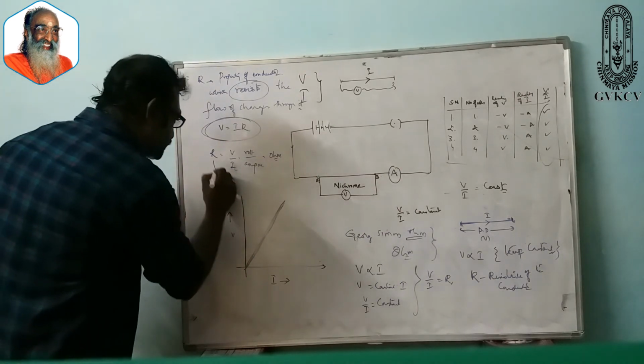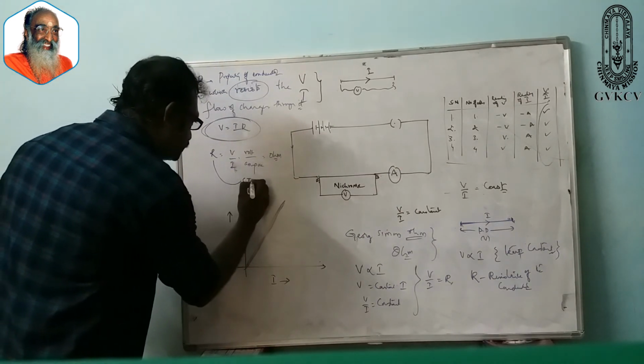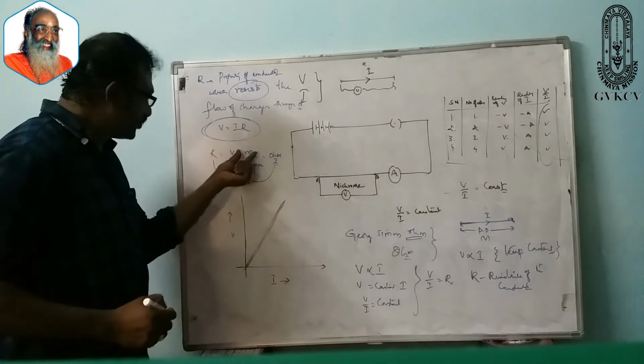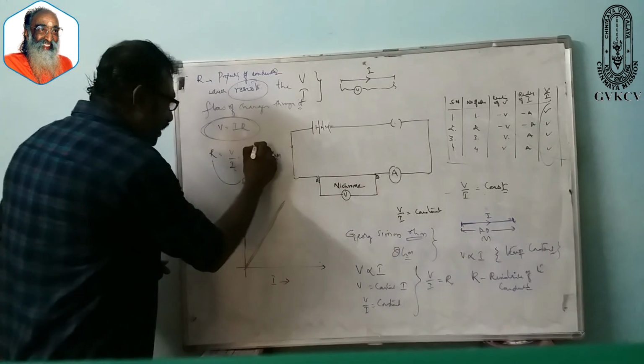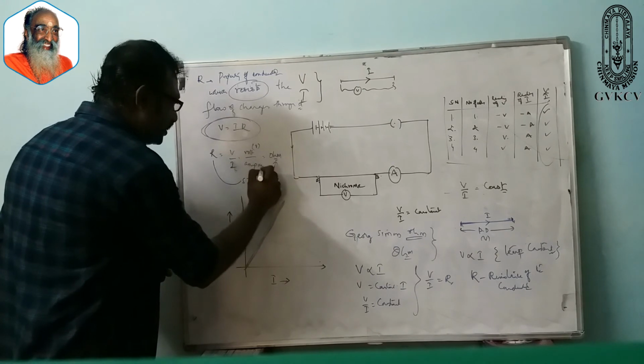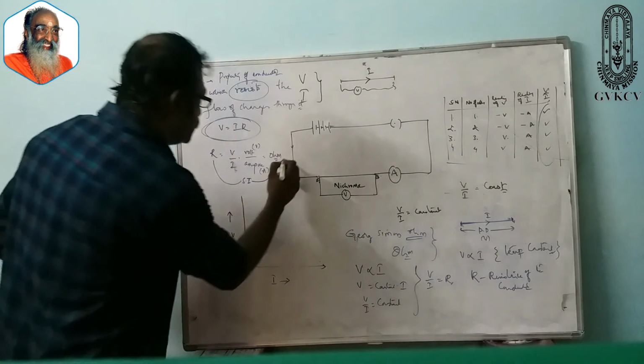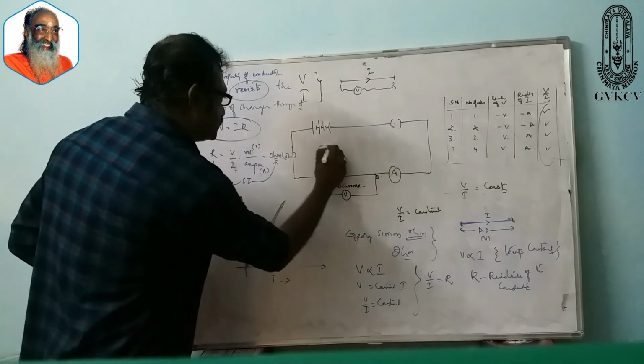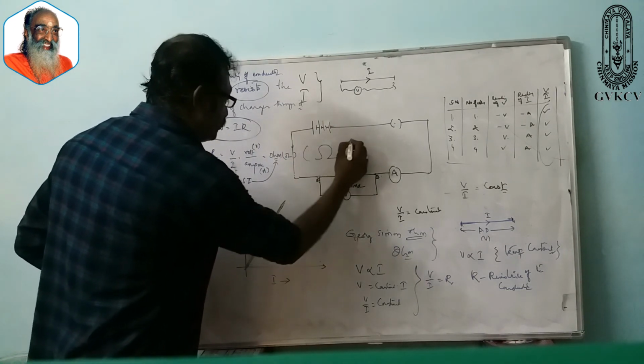The SI unit of resistance is ohm, and the symbol for volt is V, and ampere is A. The symbol of ohm is omega. Just remember this is the small Greek letter omega.